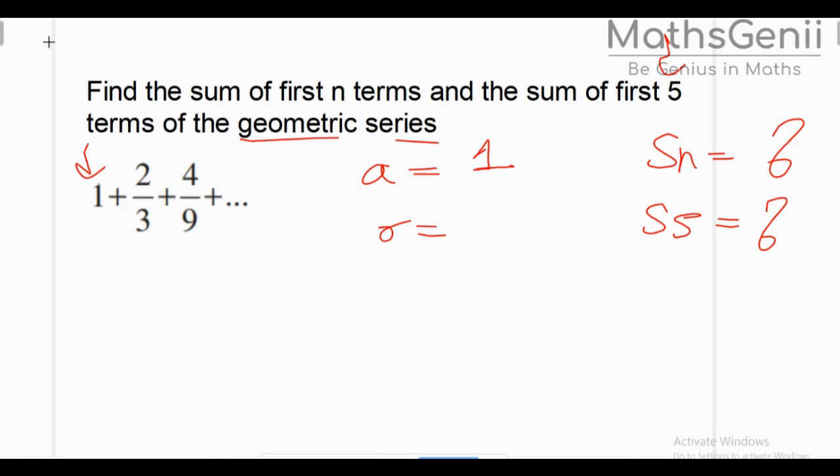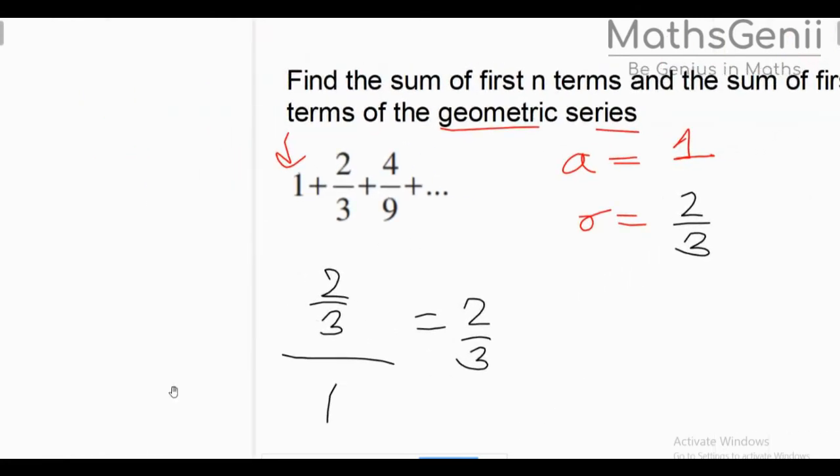R is the common ratio. So common ratio, how do you find out? The second term upon the first term. So the common ratio is 2 upon 3. Just to verify, I already got 2 upon 3 as the common ratio, but just to show you how to verify, I will check one more time. Second term upon the previous term.